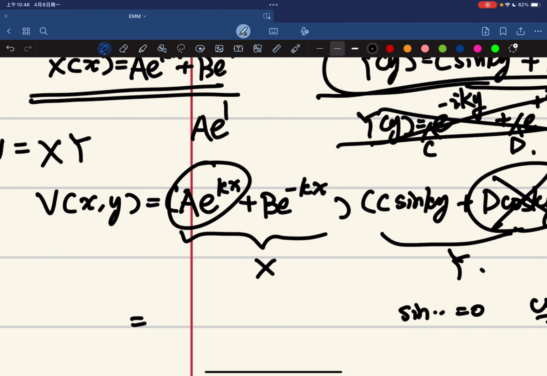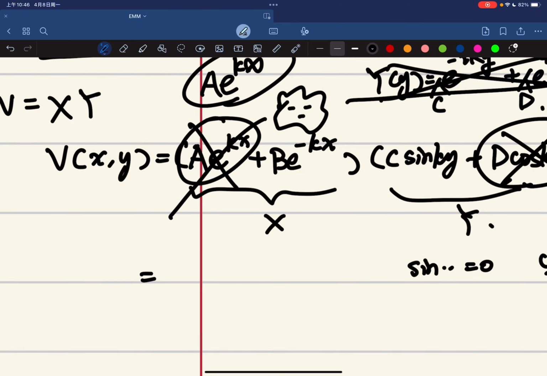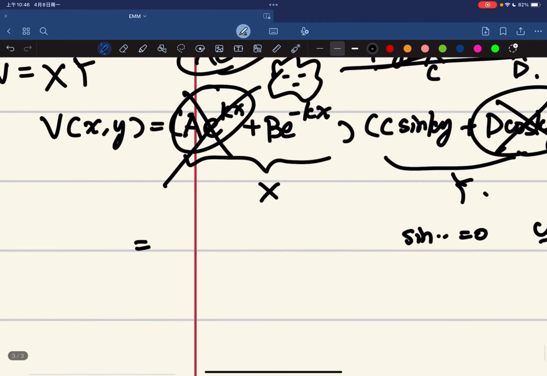When x approaches infinity, well, this explodes. So a must equal 0, because we don't want anything to explode.